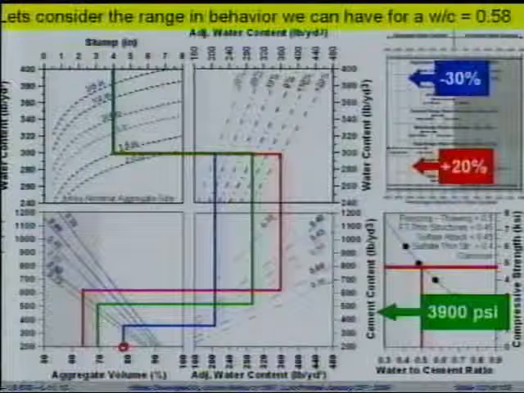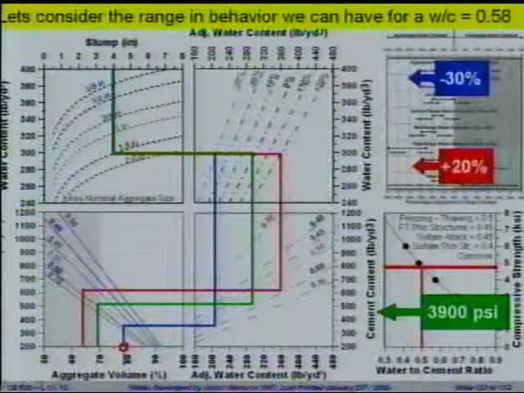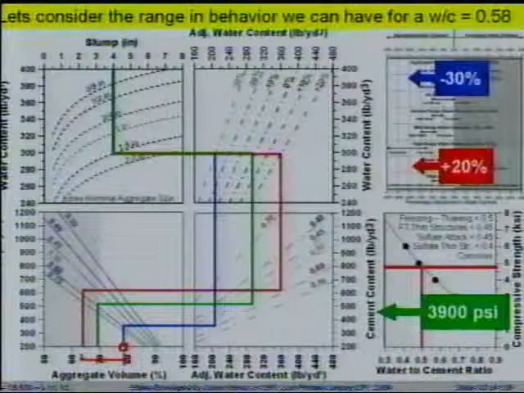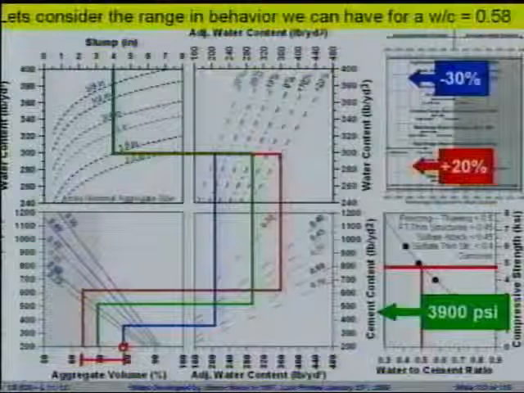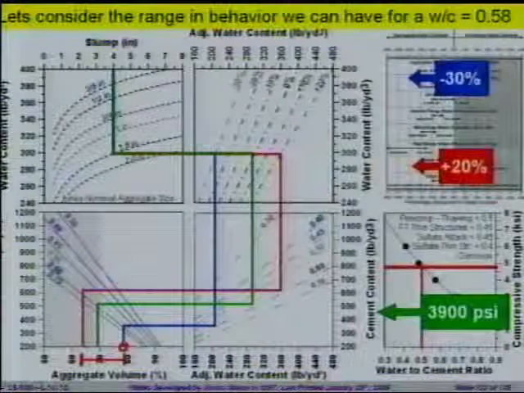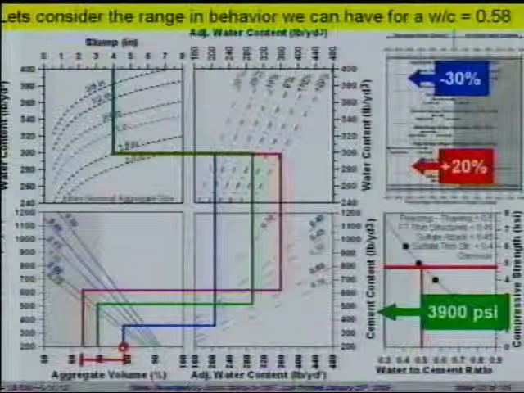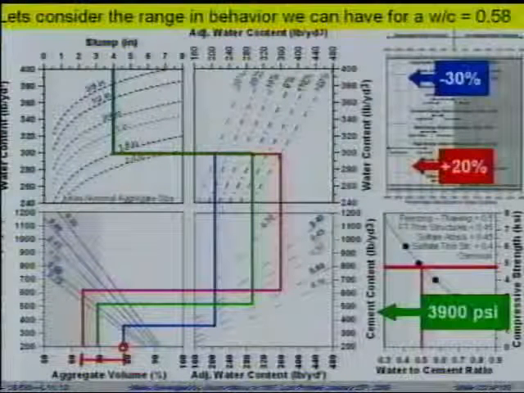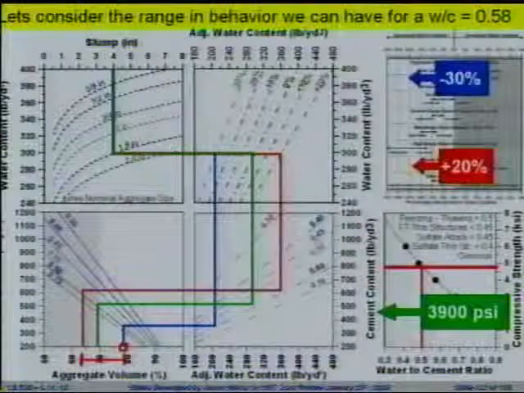Now, it may not seem like a big difference. You're between 78% aggregate down to 64% aggregate, but there is a dramatic difference in the way that these two mixtures are going to behave. One of them is two-thirds aggregate. The other is 80% aggregate inside of the system.